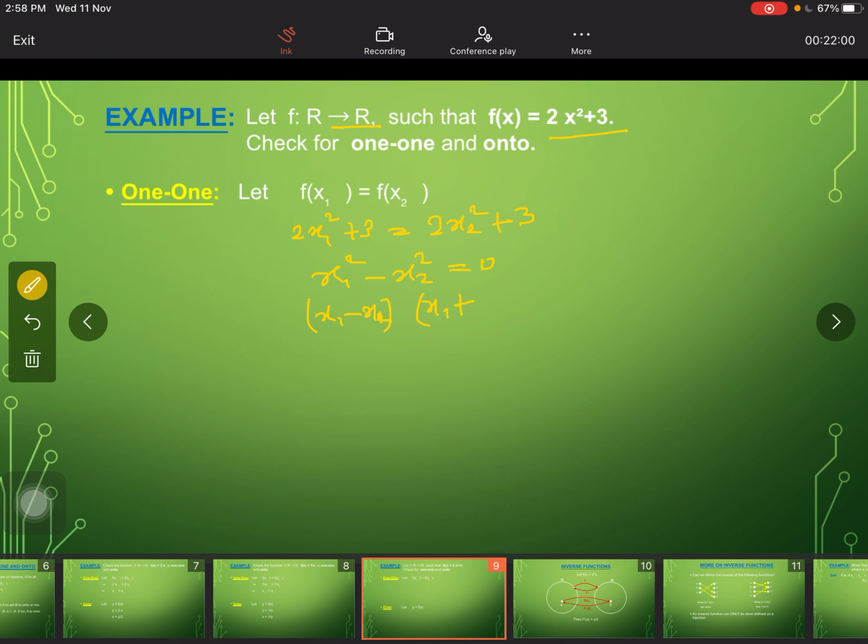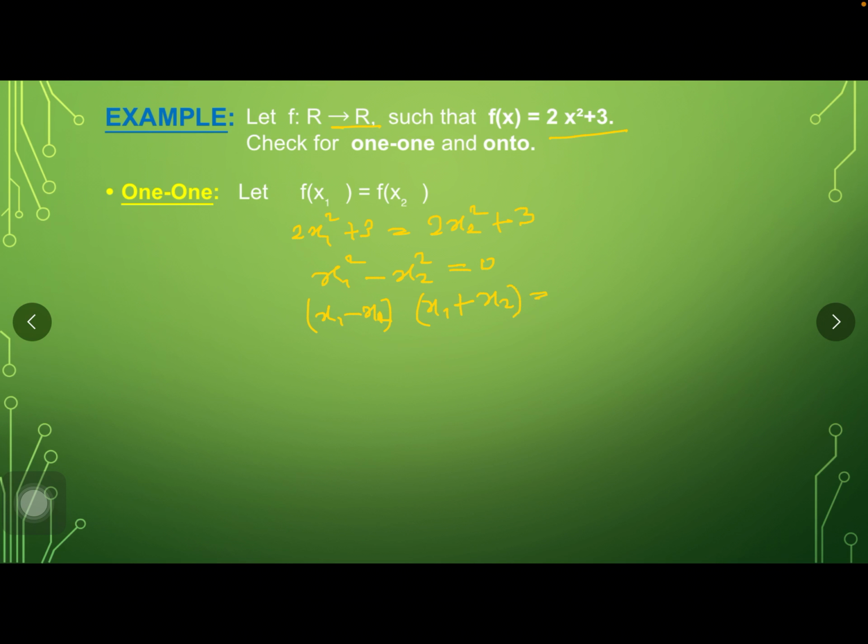Now what is the formula of a² minus b²? So according to that, this becomes (x1 − x2)(x1 + x2) equal to 0. So now from here we can see that x1 equal to x2 if we put x1 minus x2 equal to 0, and if we put x1 plus x2 equal to 0, it becomes x1 equal to −x2.